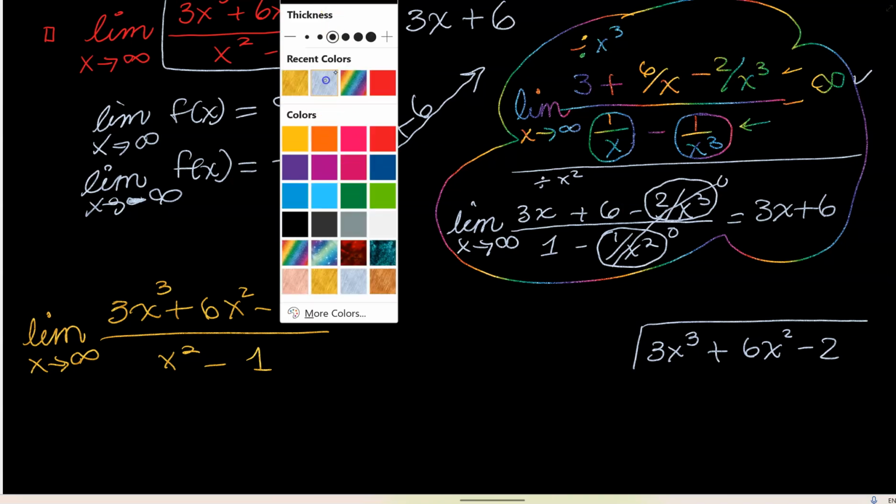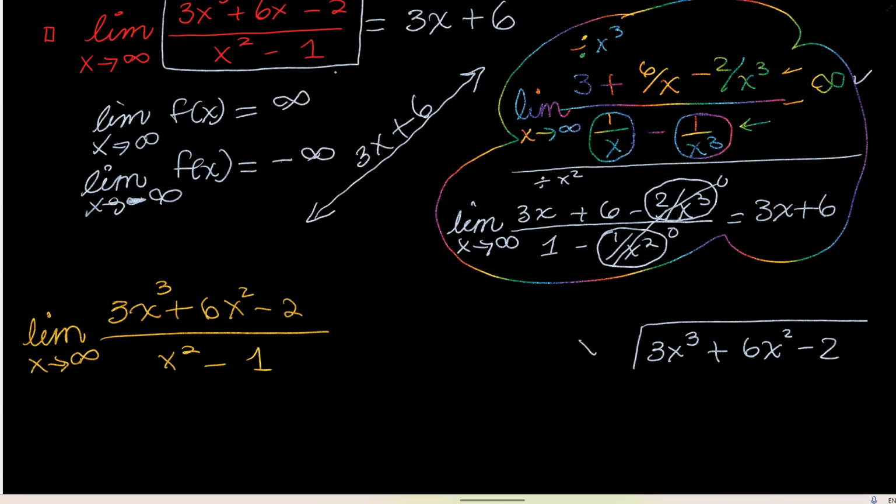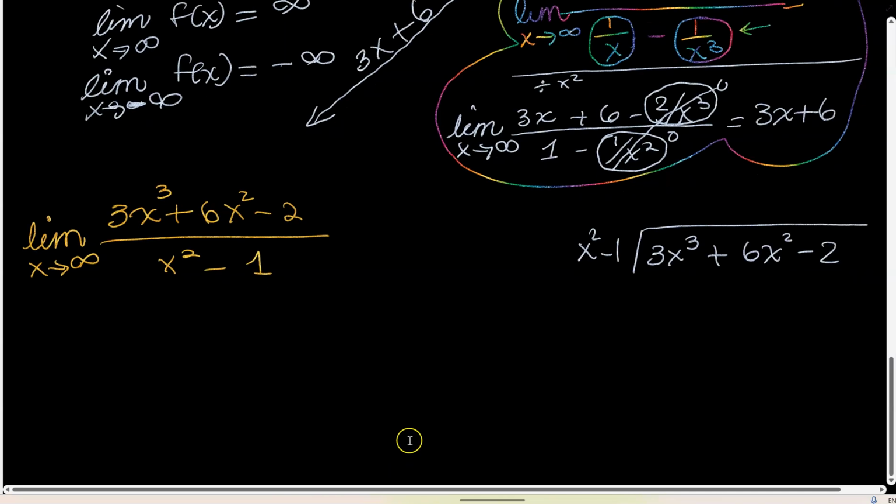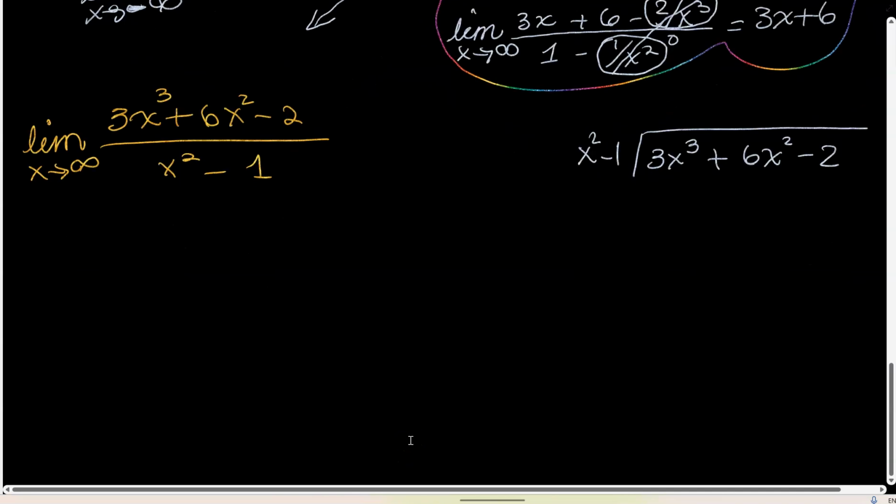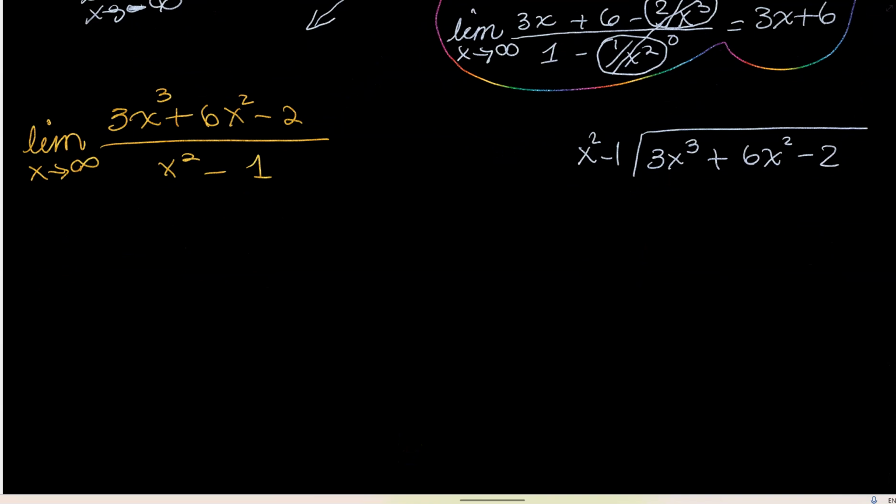And we are dividing that by x squared minus 1. When we divide, 3x to the third divided by x squared is going to give us 3x. And then we would multiply, and then we would subtract.